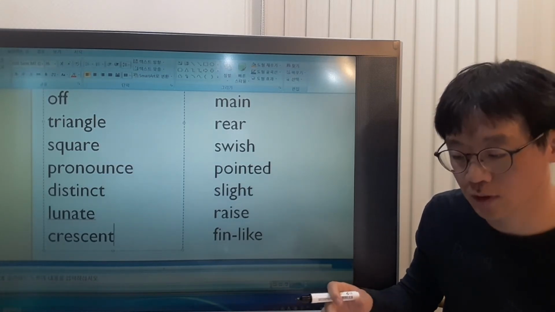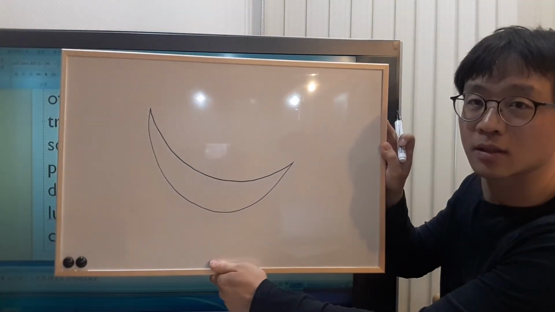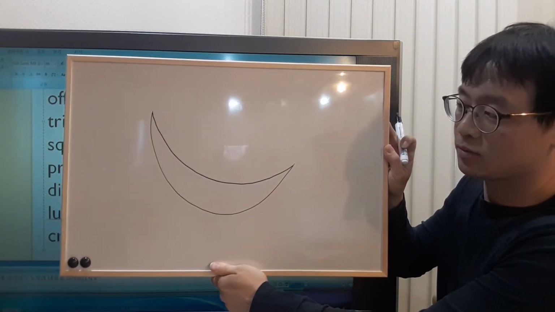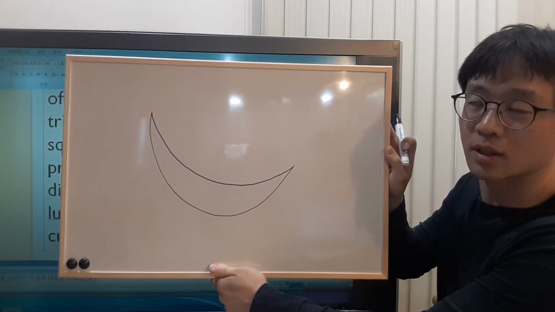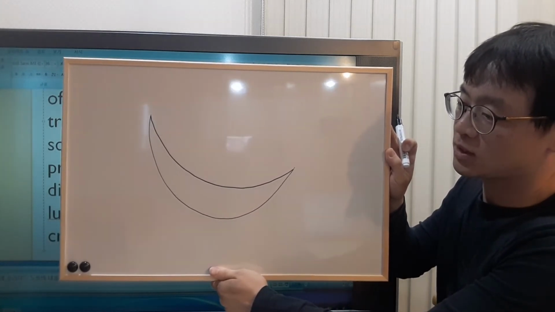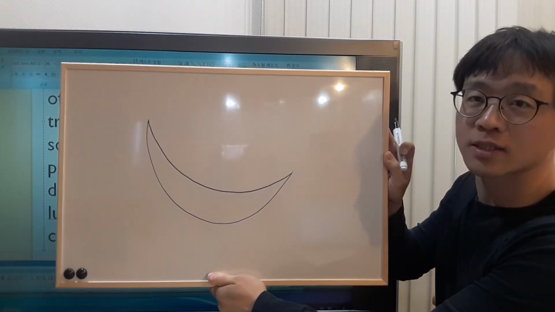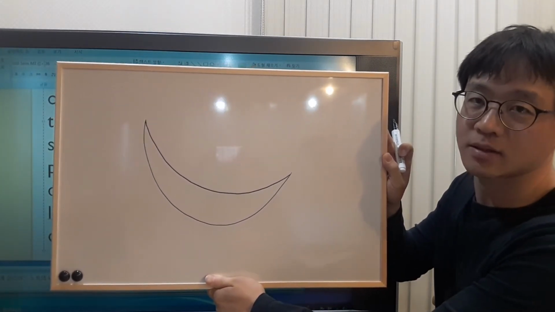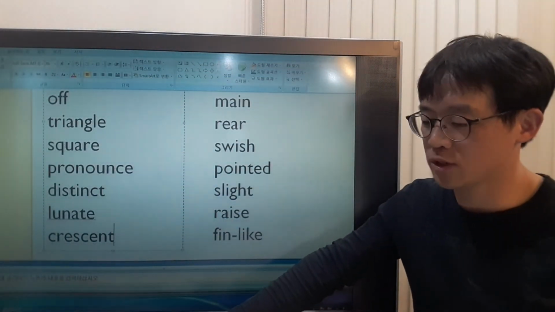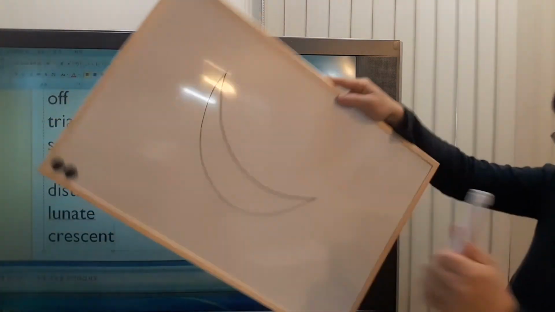Do you guess what the shape is? This is a crescent, okay? We have them in bread stores too, right? Bread shops. In French it's pronounced croissant. That's the crescent, okay? It's the shape of the moon in its first quarter or the last quarter of the phase of the moon. You understand?